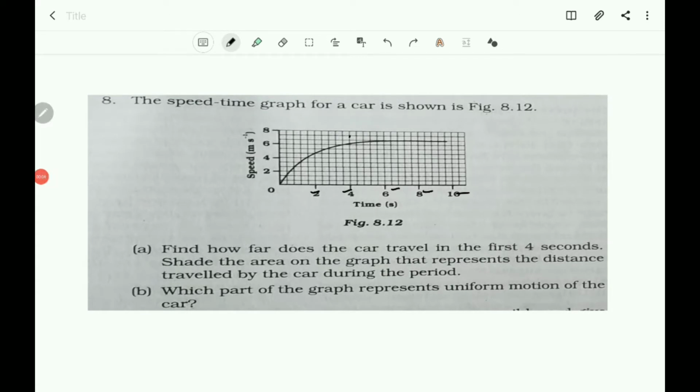Here time is represented on the x-axis: 2 seconds, 4 seconds, 6 seconds, 8 seconds, 10 seconds. The time 4 seconds is here.